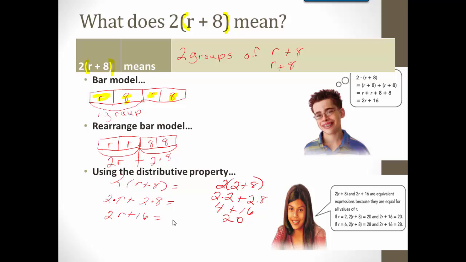If we substituted 6 for the r, using the distributive property, 2 multiplied by 6 plus 2 multiplied by 8. That would be 12 plus 16. The two of those added together is 28.